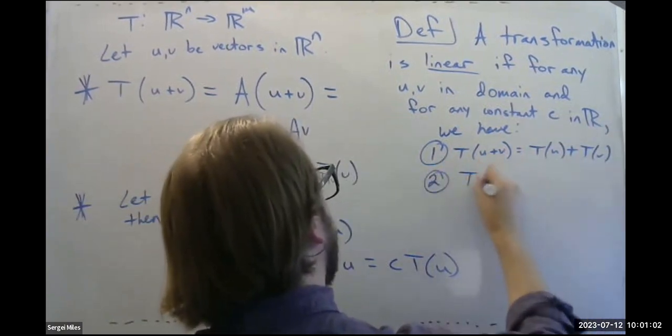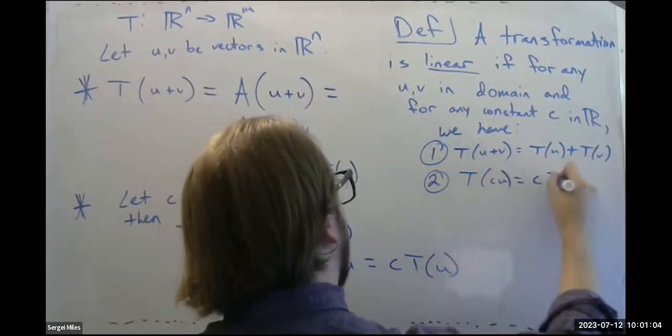And two, T of cu, you can pull the constant out, it's c times T of u.